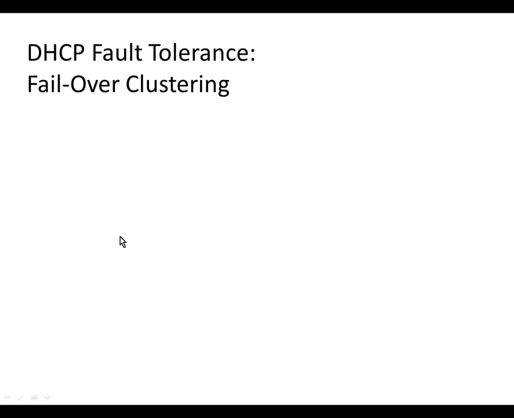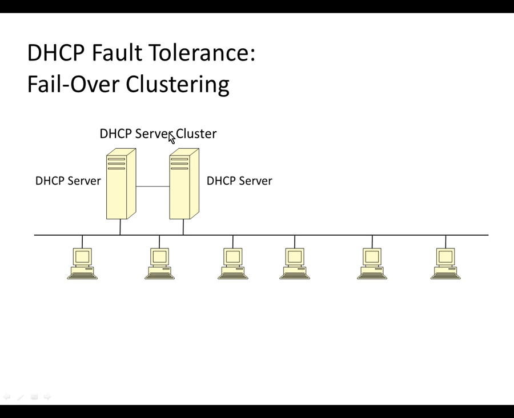A better way to go is to implement failover clustering. Here's how failover clustering works. It means we have two DHCP servers and one is a mirror image of the other. The first DHCP server issues IP addresses to DHCP clients, and the second DHCP server doesn't do anything.